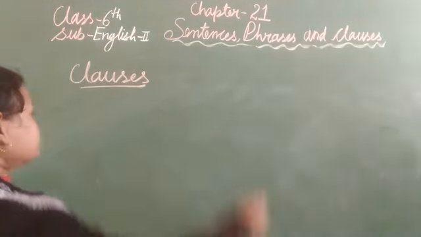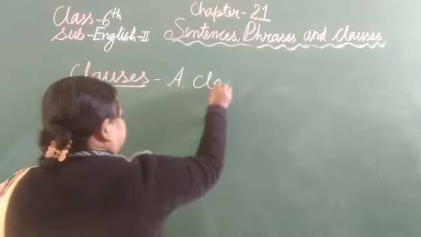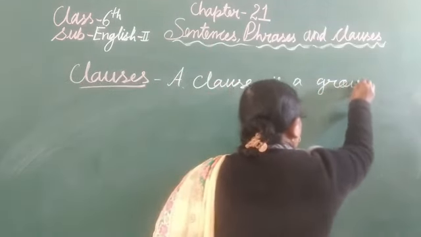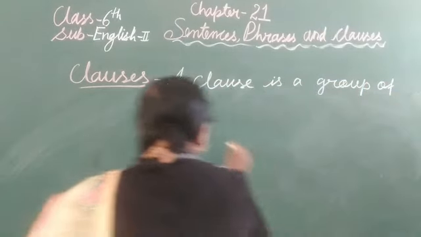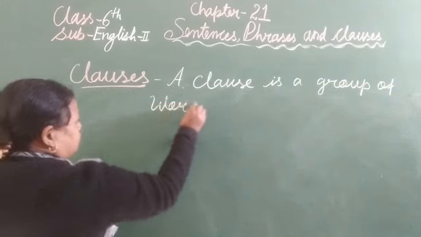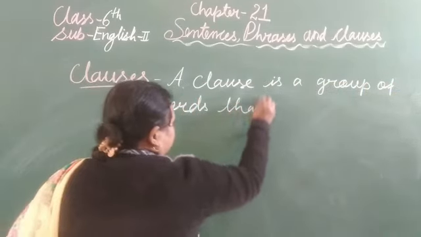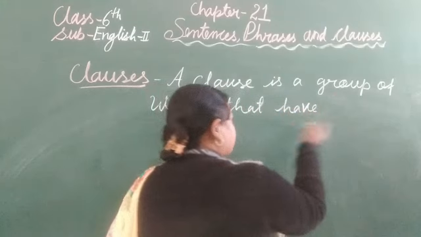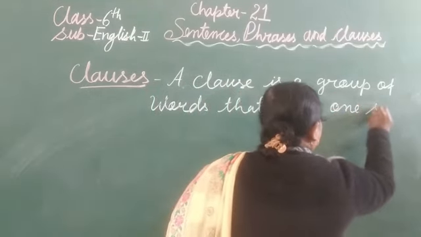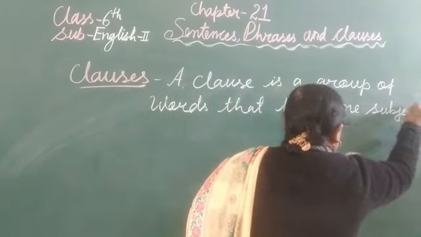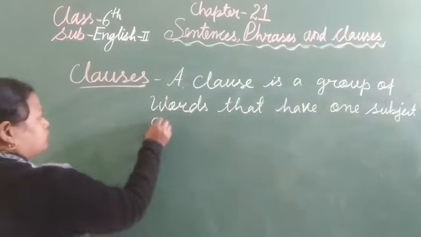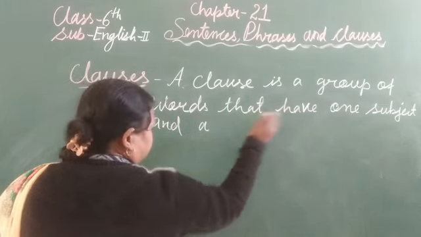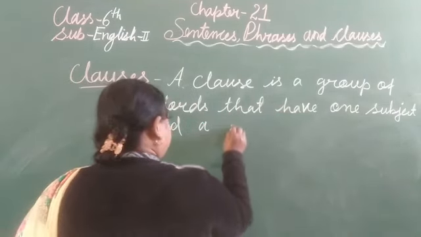See here, a clause is a group of words that give complete sense, or you can say that have one subject and a predicate, or you can write one predicate.